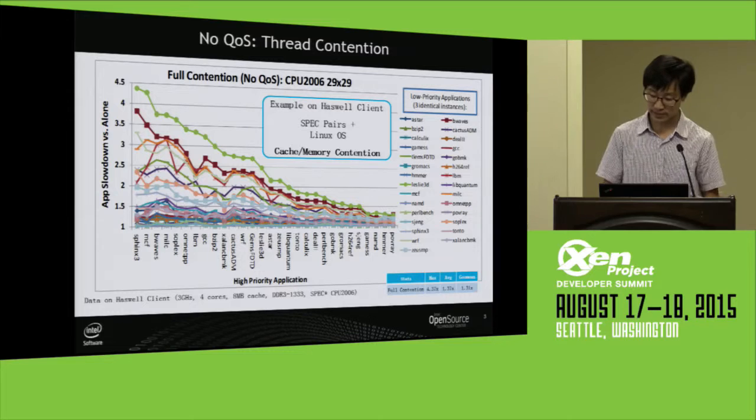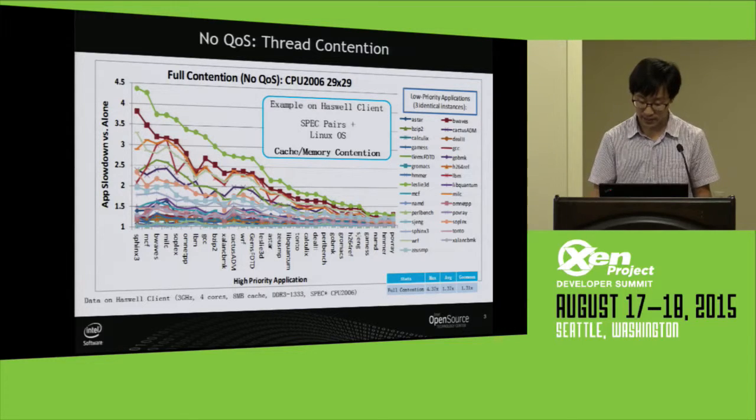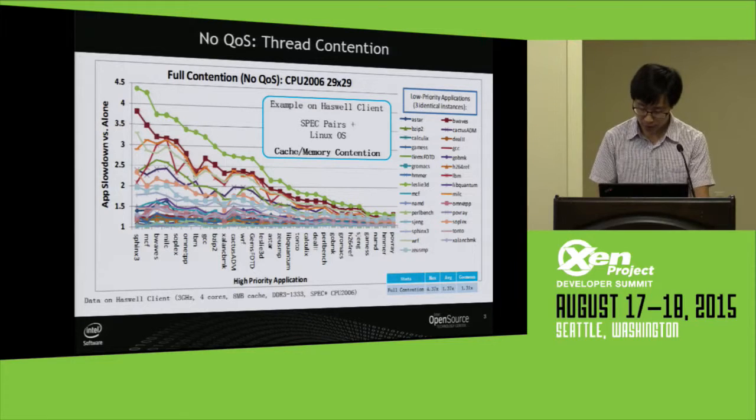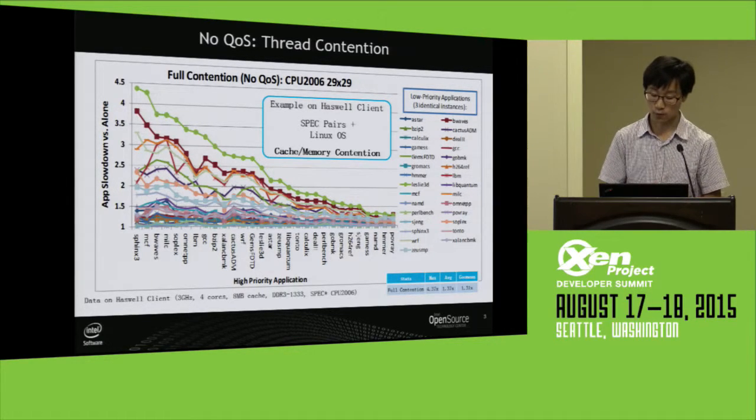Then, for each benchmark in the high priority group, just as listed here in the x-axis, we first collect its execution time when it runs alone as a base time, and then we collect its execution time again with one of the benchmarks in the lower priority group running together.